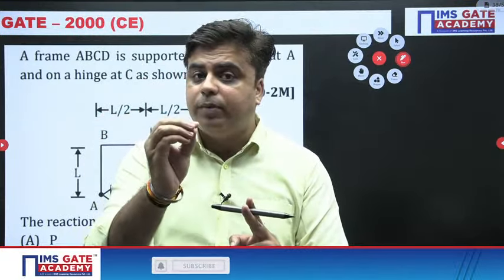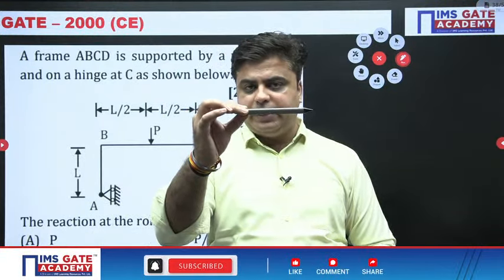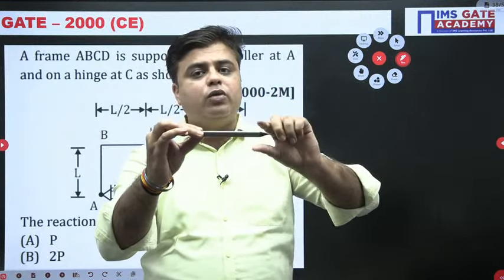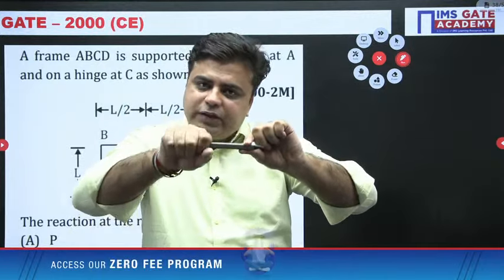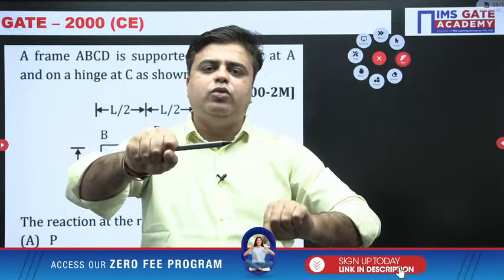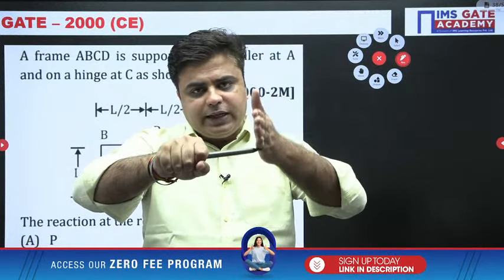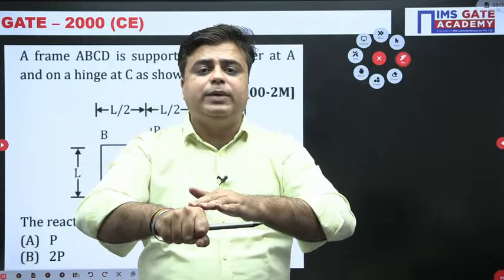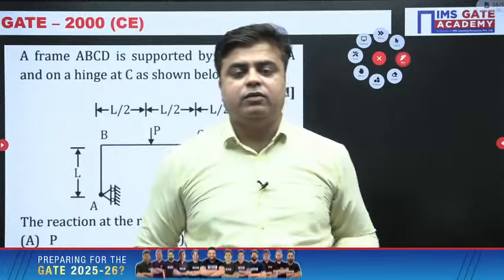It will not be moving. If I hold this body from this point and apply an axial load, will the body move? No. The reason is there is a horizontal reaction acting like this, holding the body in its initial position. Similarly, if I apply a vertical load over the body, again the body will not undergo any vertical displacement, because there is a vertical support reaction here.